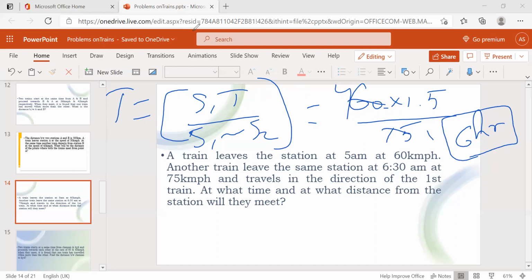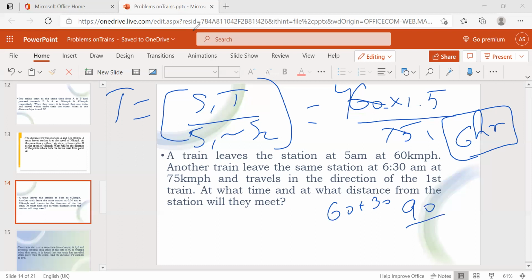Okay, how is this question solved by the traditional method? What I always said, just like a chasing, what's the distance between the first train and the second train when it started? 5 a.m. it started and the second at 6:30 a.m. So how many kilometers did it travel? 5 to 6, 1 hour, 60 kilometers, plus half an hour, 30 kilometers, 90 kilometers it travelled.